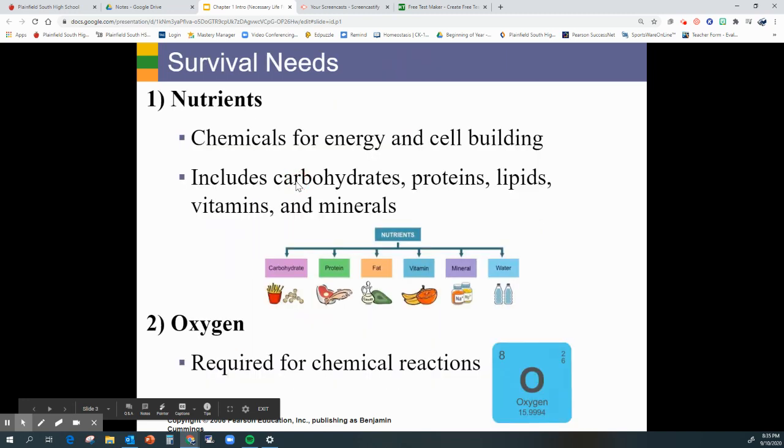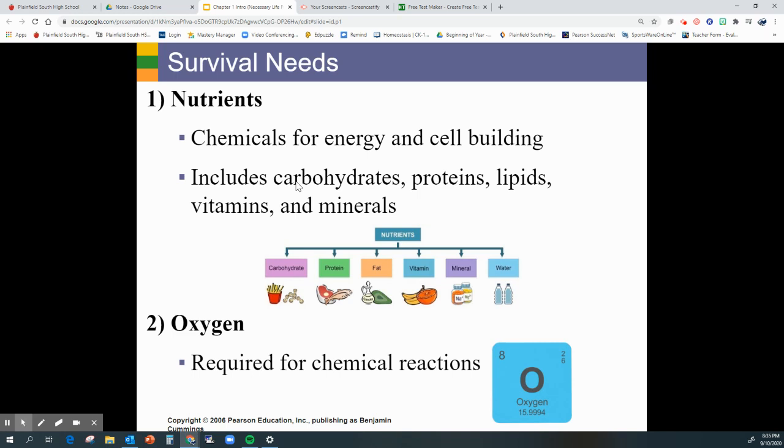From there, we're going to move into survival needs. There are some basic survival needs that organisms have to continue to live. One of those is the ability to get nutrients. Nutrients have to be coming in to do a couple of different things. Number 1, supply energy. And number 2, supply the basic building blocks to rebuild tissue.